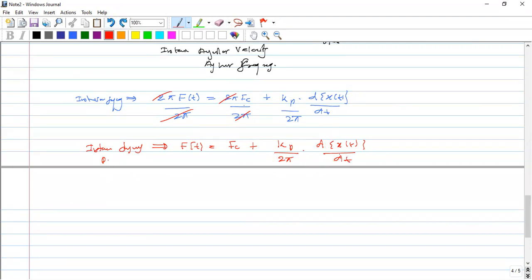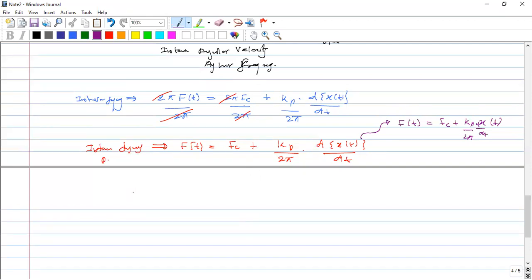But when I was doing the example, I took this f(t) as fc plus kp x(t), and I forgot this 2π and this derivative. So at that time it was a mistake. This is the correct way.